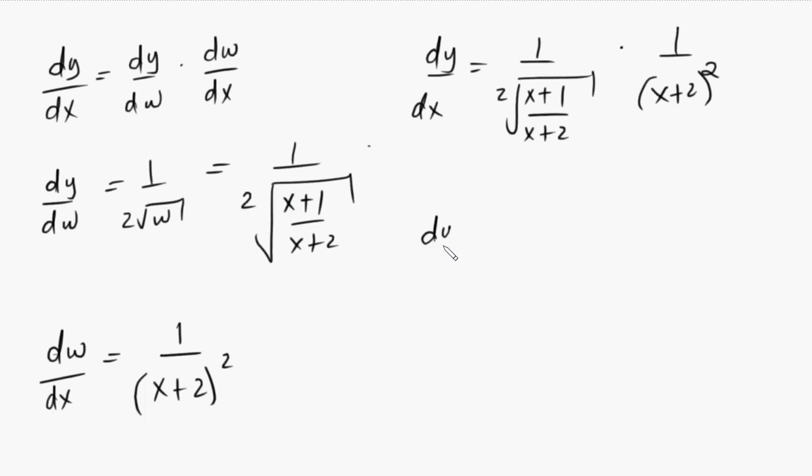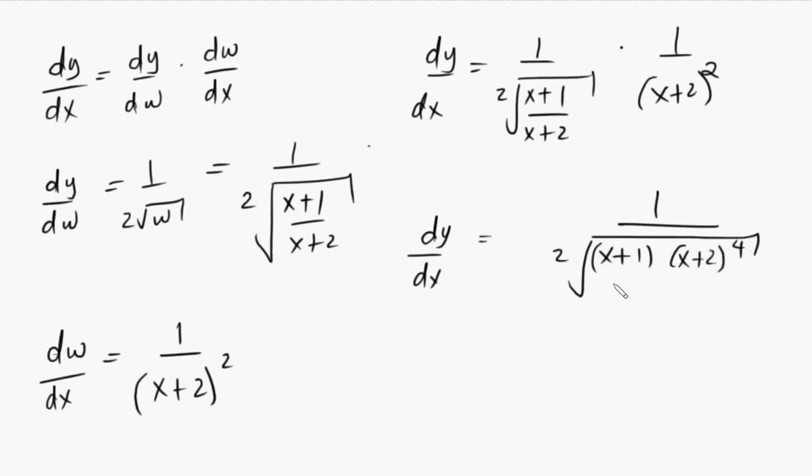So my dy dx now will be, this one is 1 over, this x plus 2 squared I bring inside, it becomes x plus 1, bringing it inside it becomes x plus 2 to the power 4 under x plus 2.